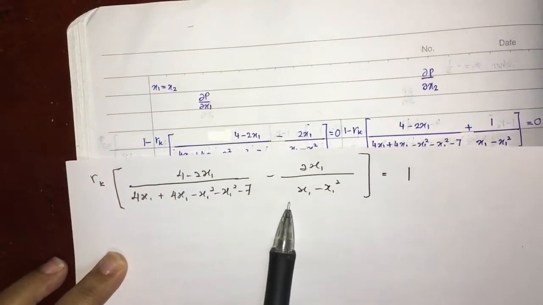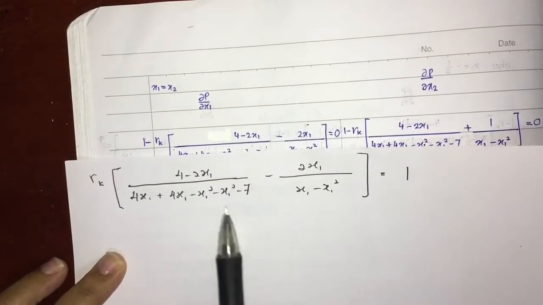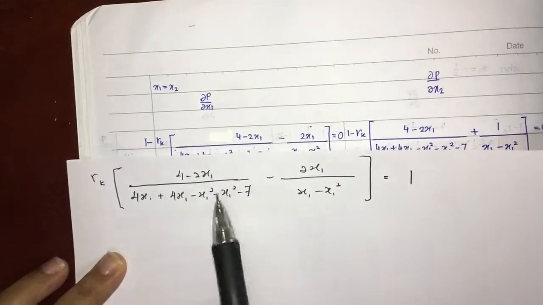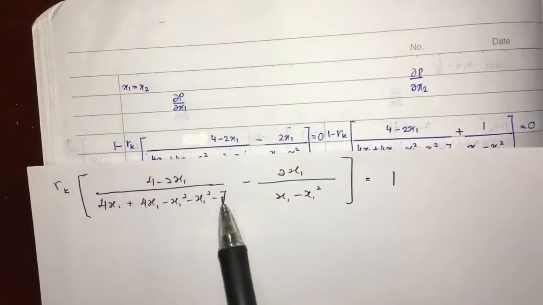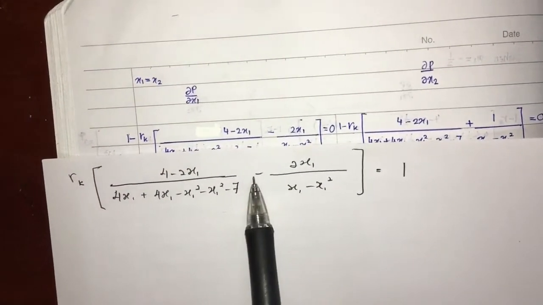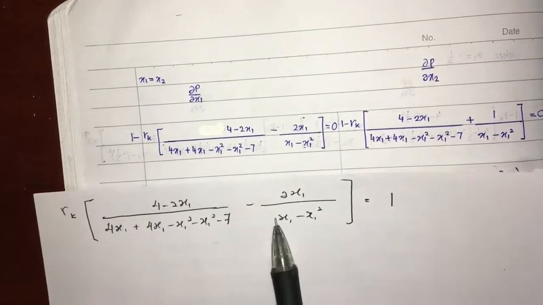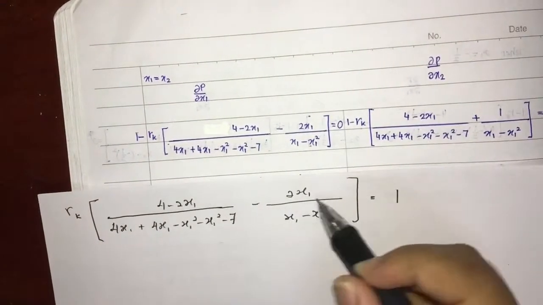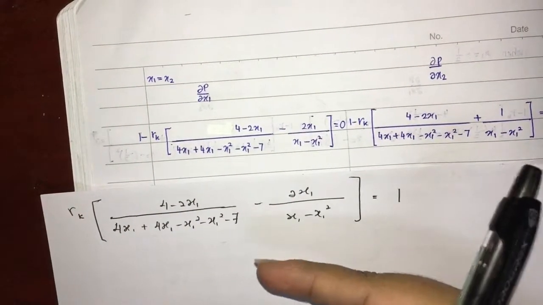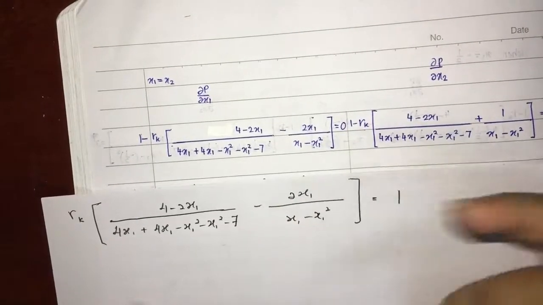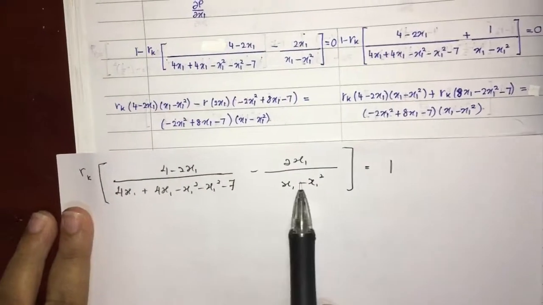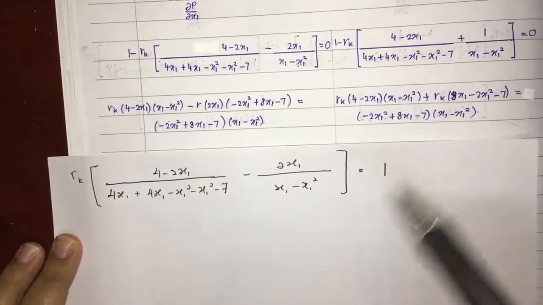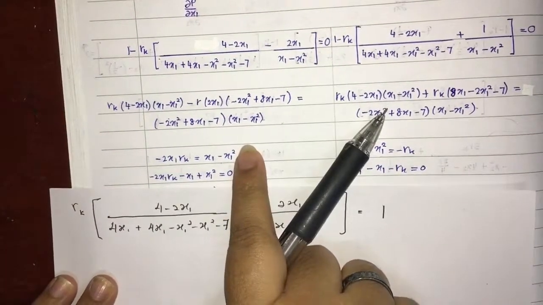Then we will make the denominator the same. After we make the denominator the same, just like before, we will bring all the denominator to the right hand side, so we will get like this.